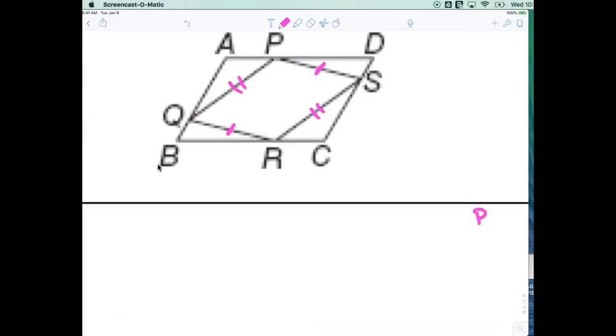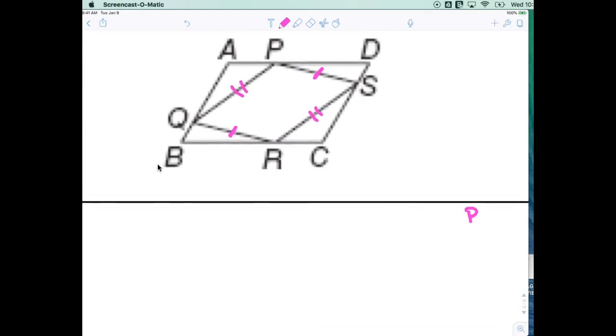And we already know what? We already know that, well, we don't know that, but we know that this is congruent to this. And so if we prove SD is congruent to QB, and we prove BR is congruent to AD, then we know that those sides are congruent.